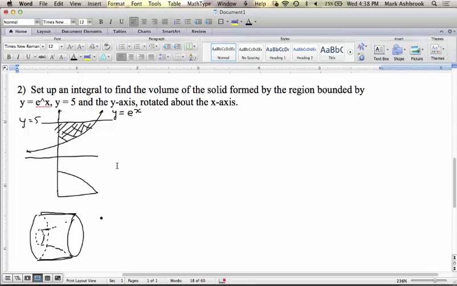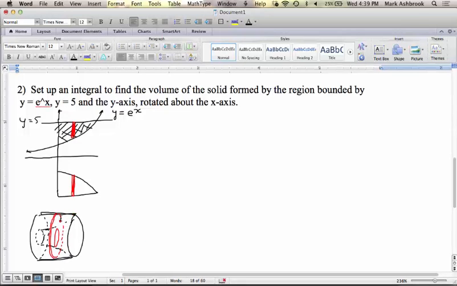Okay, so we need a typical, we're going to do a vertical slice, and that's going to make a washer, right? And so what will that washer look like? It'll look like this. Something like that.